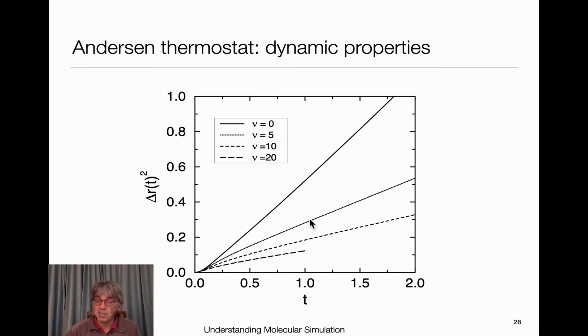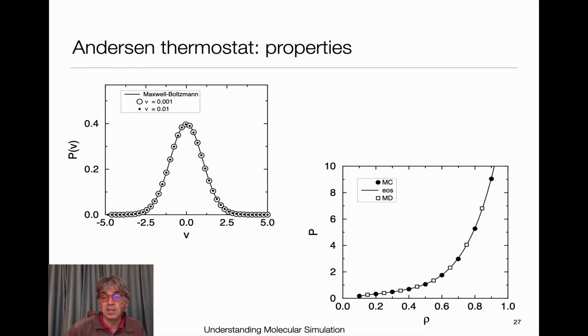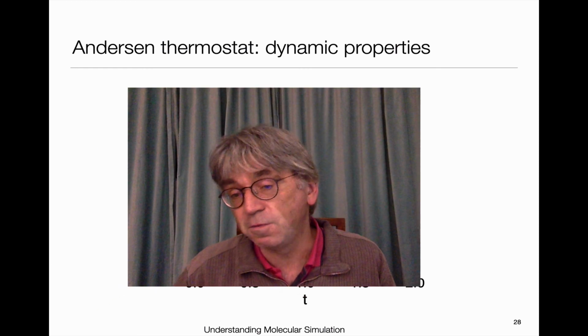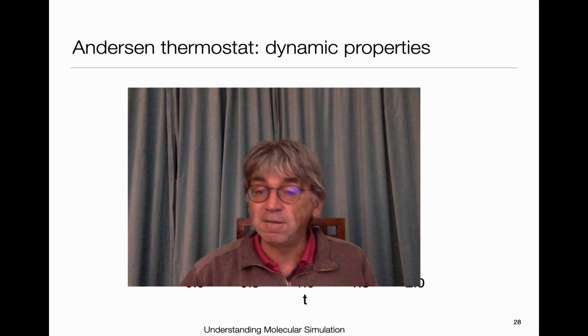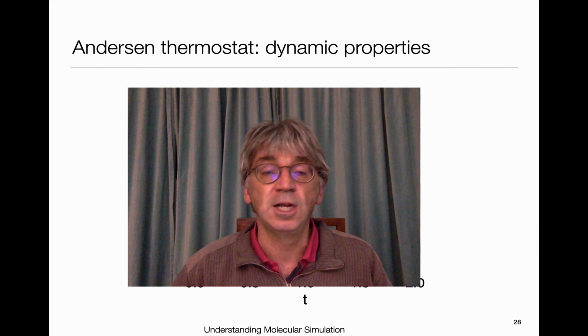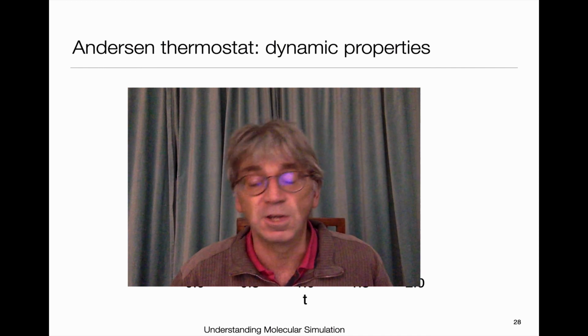So what we have seen is that for static properties, like the equation of state, you can use any value of nu, and there's no dependence that you can see. However, for the dynamic properties, we have to realize that we artificially change the dynamics. So we should not use these algorithms to compute transport properties.